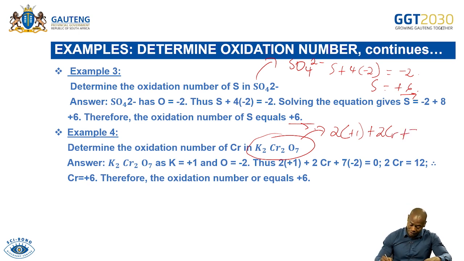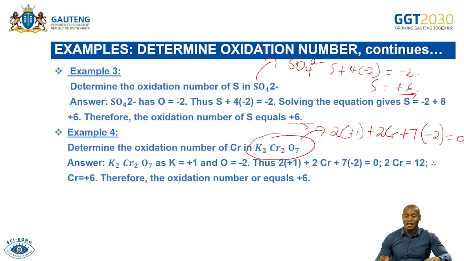Then plus 7 oxygen atoms, and oxygen, we know its oxidation number is -2, and this should be equal to 0, because this is a neutral compound. So here I'm going to have 2, right? And then minus 14, right? So 7 times -2 will be -14.